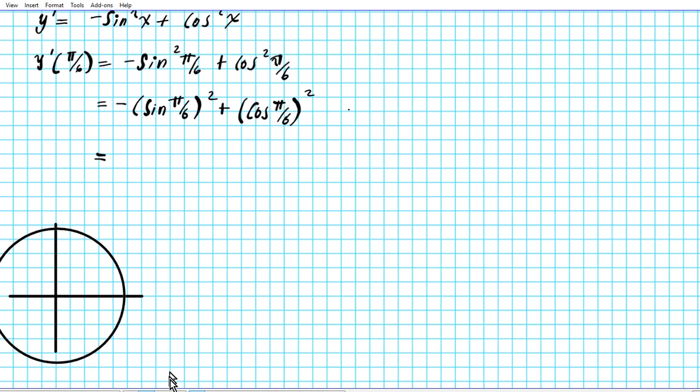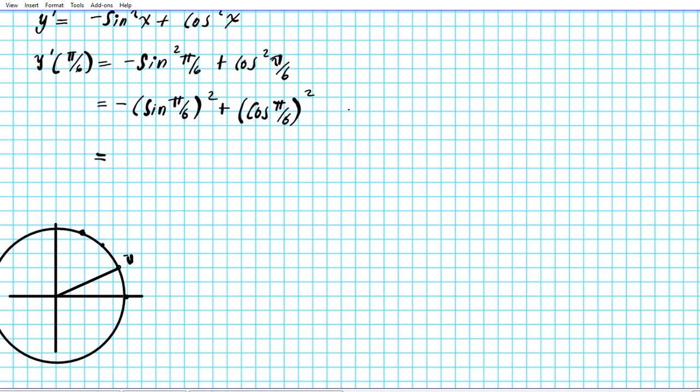Alright, so for our unit circle, we have 3 points, right? 1, 2, 3 in quadrant 1. The first one, that's 30 degrees, okay? So this angle right here is pi over 6 or 30 degrees. Now what are the coordinates for that one right there? This one, pi over 6. What are the coordinates?